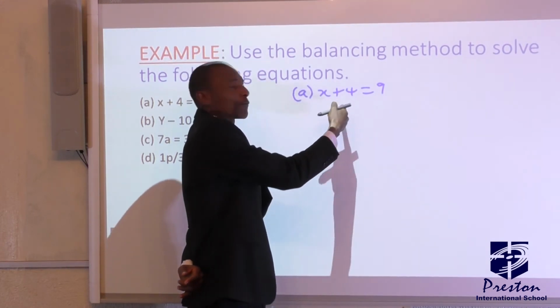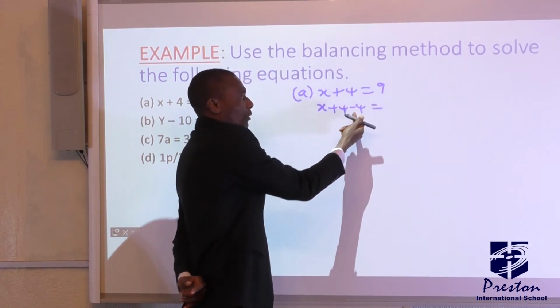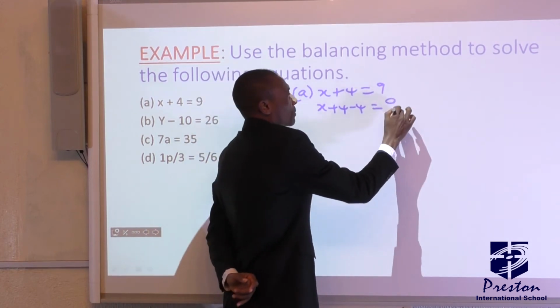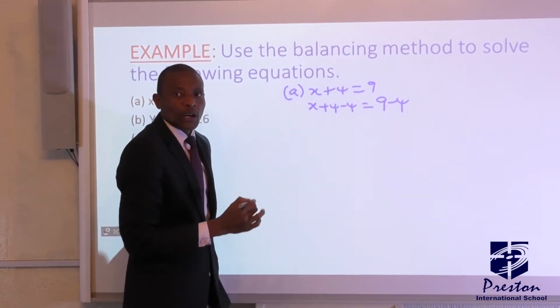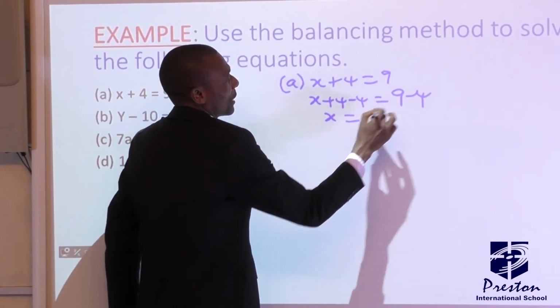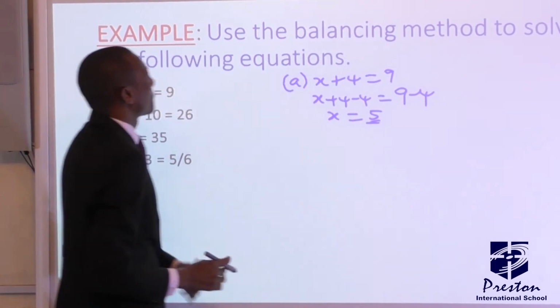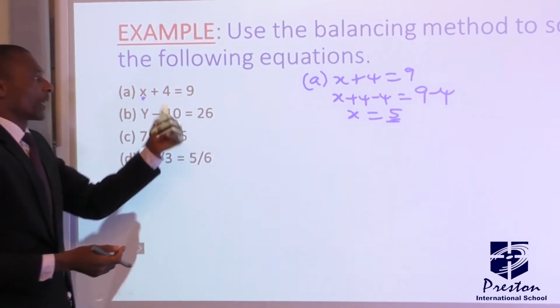That means I must subtract 4 from both sides. So here it becomes x plus 4 minus 4. Since I'm subtracting 4 from here, I must also subtract 4 from the other side to make it balanced. Plus 4 minus 4 will actually give us 0. So I have x remaining here. 9 minus 4 is 5. My answer is 5. You can test. Put 5 here. 5 plus 4 will give me 9.